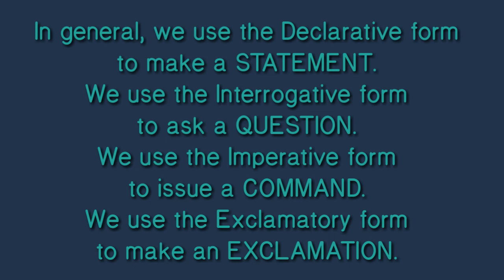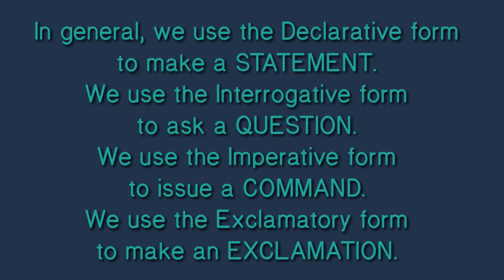We use the imperative form to issue a command, or when we make a request. We use the exclamatory form to make an exclamation, to express emotions, feelings and so on. So what are the 4 types of sentences in English?